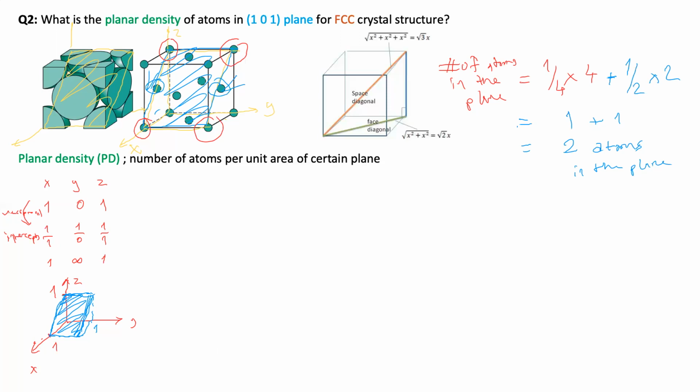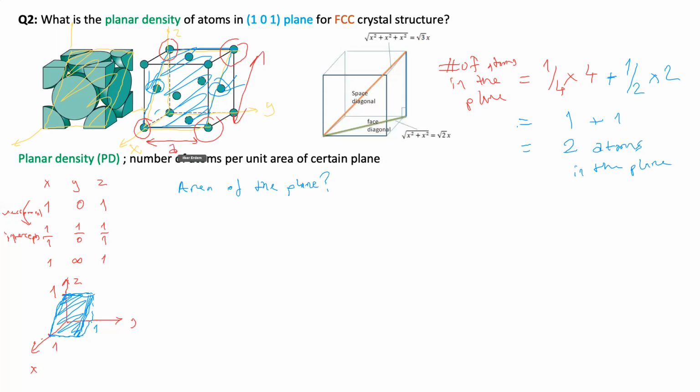Okay, so I'm trying to find the density of atoms in a certain area. So I need to find out the area of the plane. To find the area of the plane, I need to multiply that length with this length.